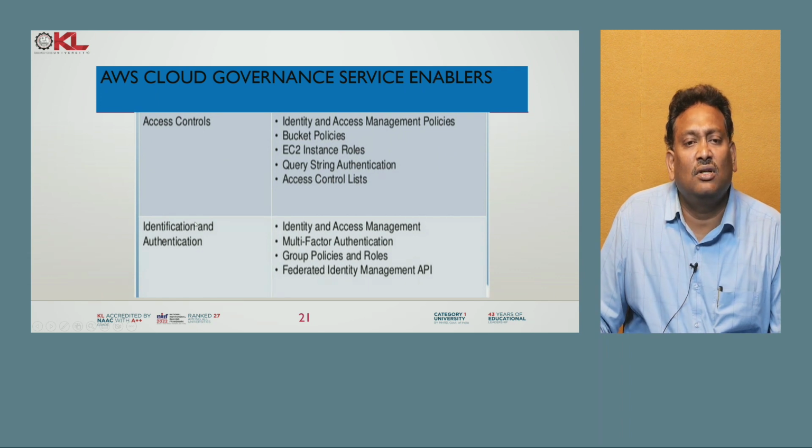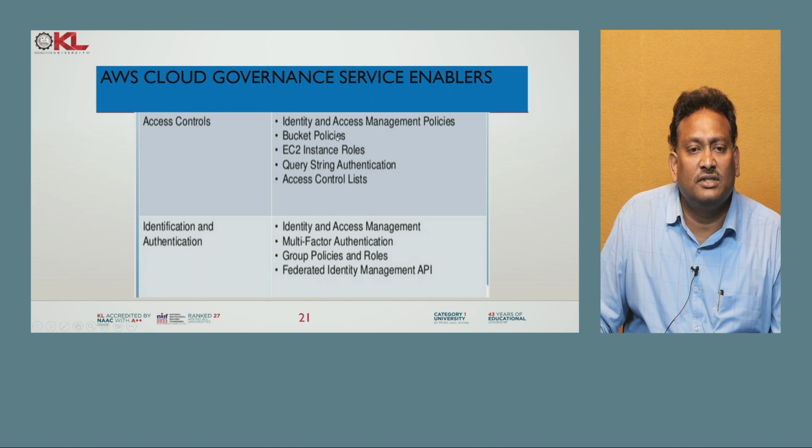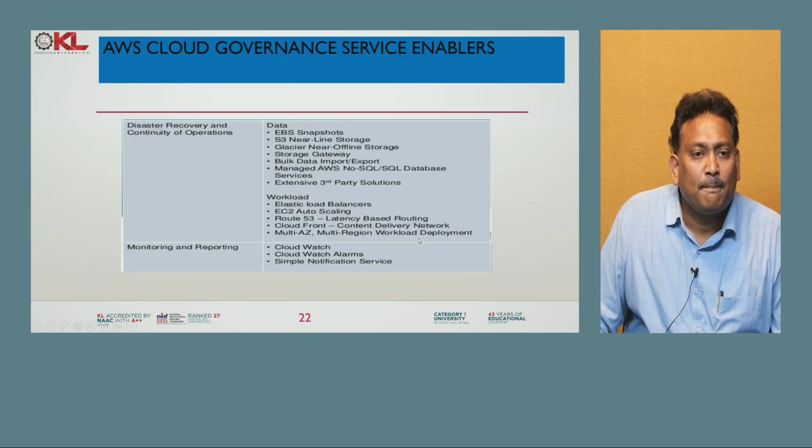For access control, we have services like identity and access management policies, bucket policies, EC2 instance roles, query string authentication, access control lists. For identification and authentication, we have identity and access management, multi-factor authentication, group policies and roles, federated identity management API.